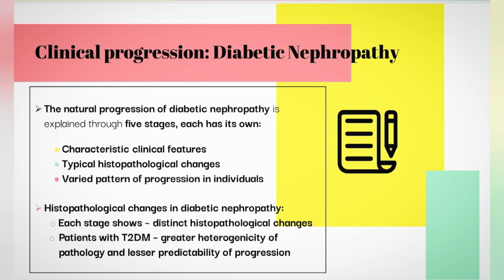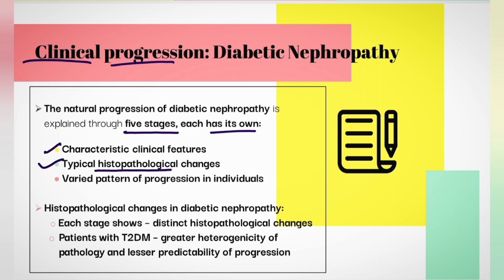Coming to the clinical progression in diabetic nephropathy. This clinical progression can be explained in 5 stages, and these 5 stages have their own characteristic clinical features. They have their own typical histopathological changes, and a varied pattern of progression in individuals has also been seen.